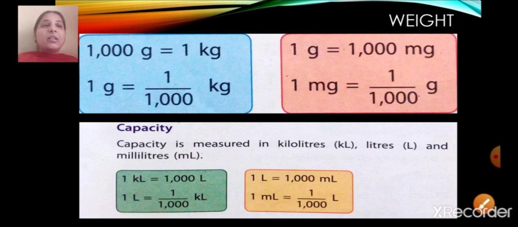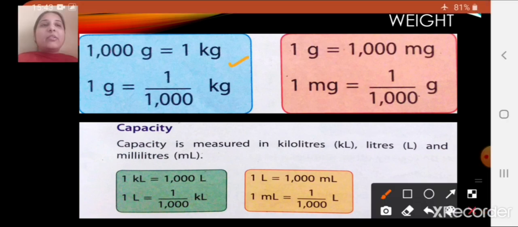to 1 kilogram. Then 1 gram is equal to 1000 mg. Now what is mg here? It's milligram. Okay. Then 1 gram is equal to 1 upon 1000 kilogram. Then 1 milligram is equal to 1 upon 1000 gram. Then for capacity, capacity is measured in kiloliters, like small kl, you can see here, liters, L, and milliliters, ml.